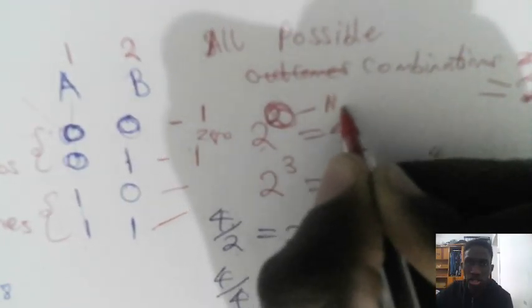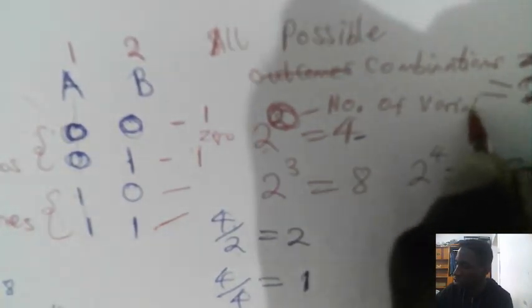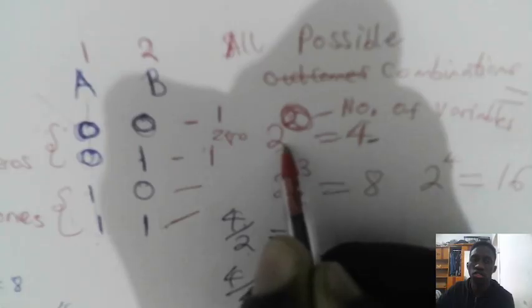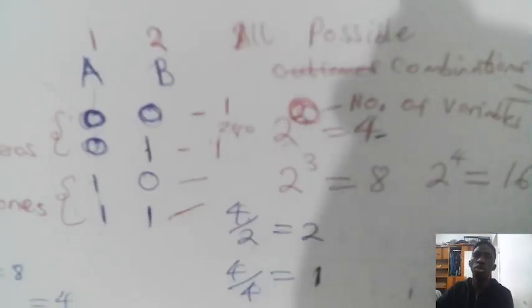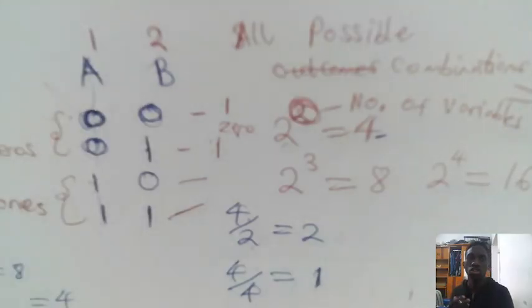This exponent 2 is your number of variables. The base 2 is part of the formula; it's constant. So 2 to the power 2 is equal to 4. So 4 possible combinations that we can get from these 2 variables.